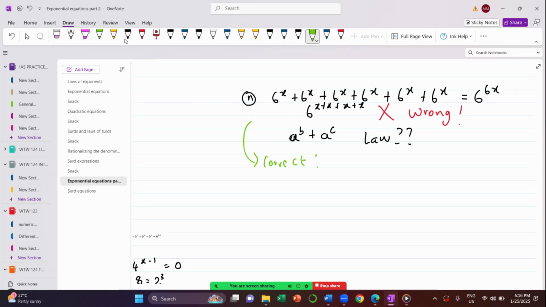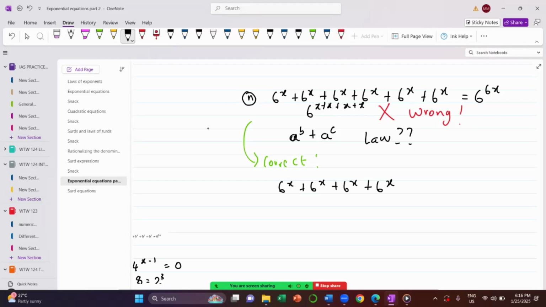Now, if we are to find the correct way, my problem is saying 6 to the exponent of x plus 6 to the exponent of x plus 6 to the exponent of x plus 6 to the exponent of x, 1, 2, 3, 4, plus 6 to the exponent of x plus 6 to the exponent of x, 1, 2, 3, 4, 5, 6, all equal to 6 to the exponent of 6x.